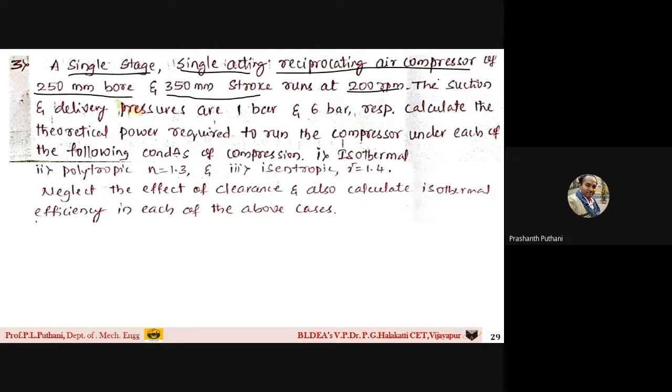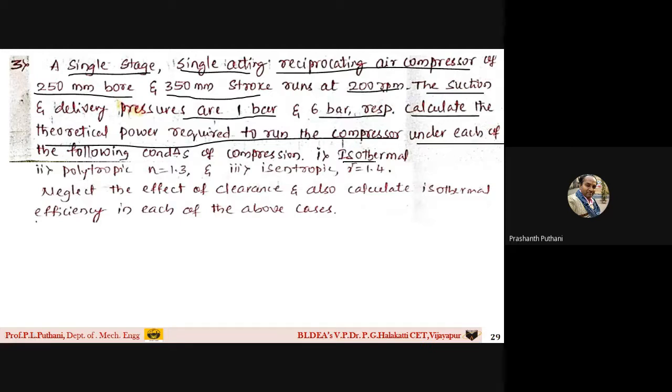The suction and delivery pressures are 1 bar and 6 bar respectively. Calculate the theoretical power required to run the compressor under each of the following conditions of compression.